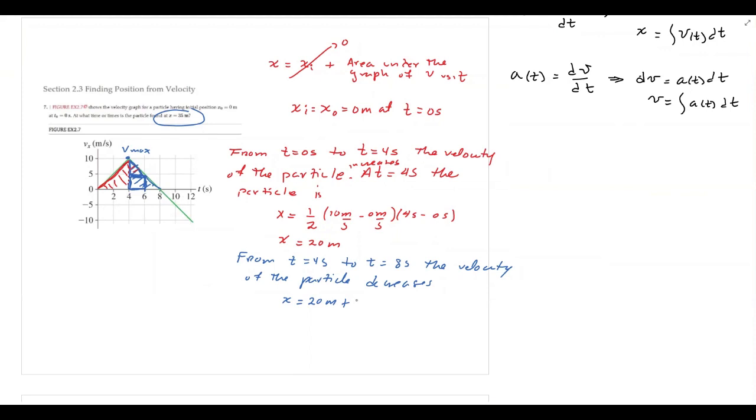I have the area of the square: 5 meters per second minus 0 meters per second times 6 seconds minus 4 seconds, plus the area of this triangle, which is 1/2 times 10 meters per second minus 5 meters per second times 6 seconds minus 4 seconds.